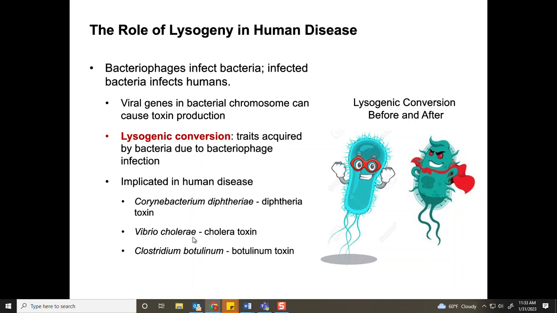Another example is Vibrio cholerae. It produces the cholera toxin by the same mechanism. And finally, we have Clostridium botulinum, which causes botulism, and it is able to produce the botulinum toxin. I kind of like this little meme here. Here we have our initial bacteria prior to being infected with a virus, and now we've got a super bacteria because it has viral genes that allow it to make toxins.